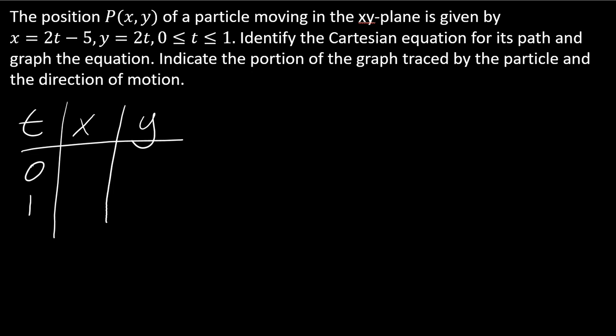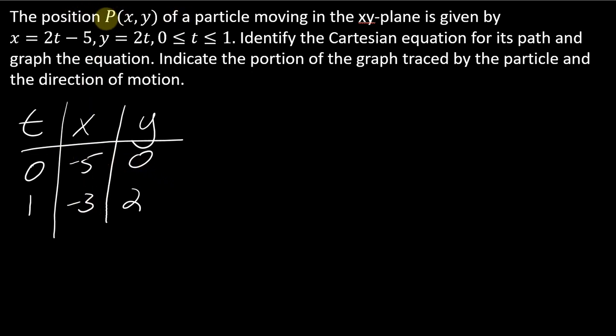So if I plug in 0, I get negative 5 and 0. And if I plug in 1, I get negative 3 and 2. So this is going to help me identify my start and stop on this graph and also the direction of motion. Now, if you feel like you need more points, that's totally fine. But in this particular example, I know how this is going to work out, so I know I'm going to be fine with 2 points.